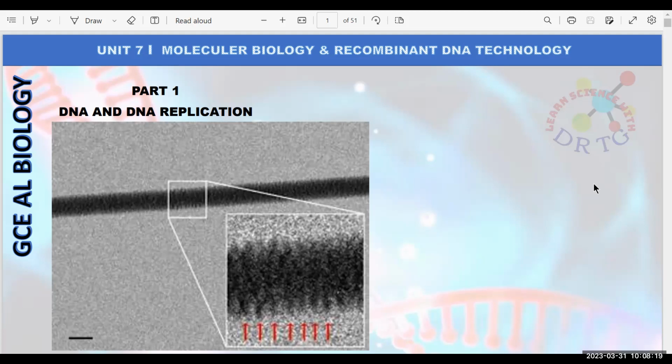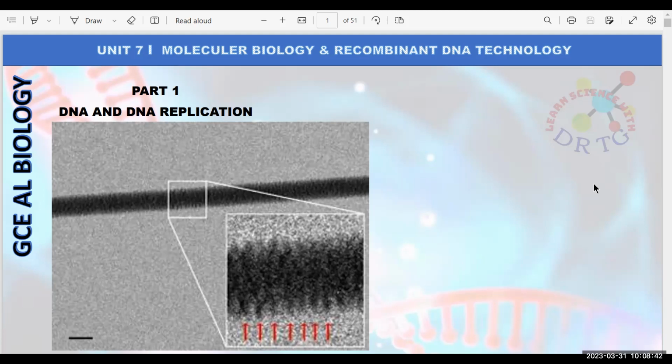we can say probably the biggest molecule in the cell, and not only the size, it has a certain order of the monomers. This monomer order cannot change. So we have to copy without changing this order.